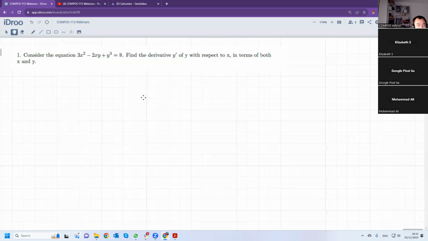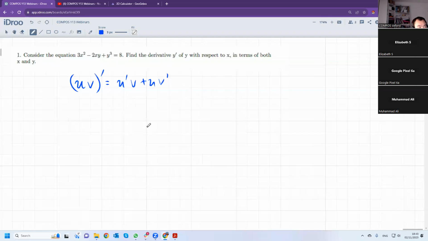Consider the equation. Find the derivative of y with respect to x in terms of x and y. So this is an example where you need to differentiate. We know the rules of differentiation. The product rule: (uv)' is equal to u'v plus uv'.